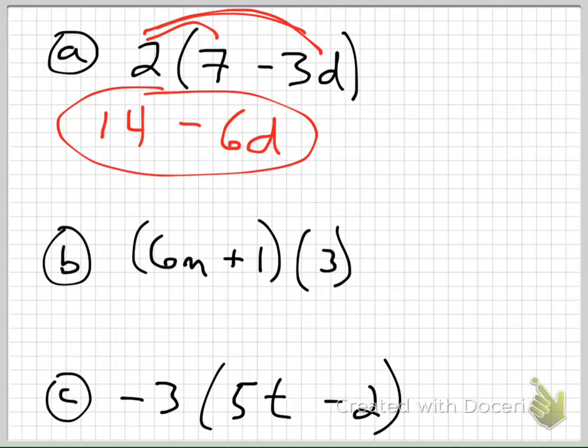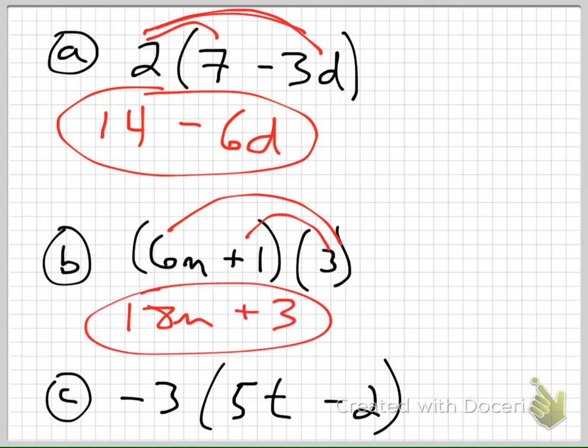Anyway, on this one, do you need to move the 3 to the front? No. 3 times 6m? 18m. 3 times 1 plus 3, right? What if I got the opposite? You have 3 plus 18m? Don't do that. But that's fine. It's not wrong.